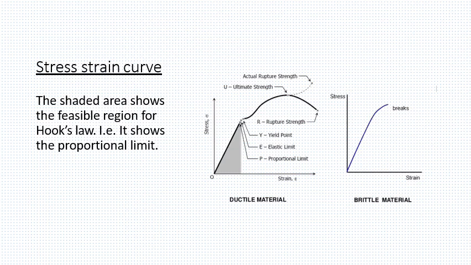So we have three stages for a ductile member. The shaded area of this figure is the feasible region for Hooke's law. After that, it does not obey Hooke's law because the strain is increasing without a stress relation.